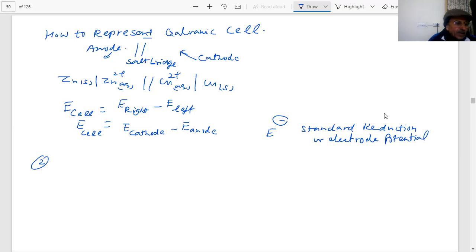And we told you these are under standard conditions: 298 Kelvin and 1 bar pressure. You will see that they are mentioned. And 1 molar concentrations in which the electrodes are immersed, students.